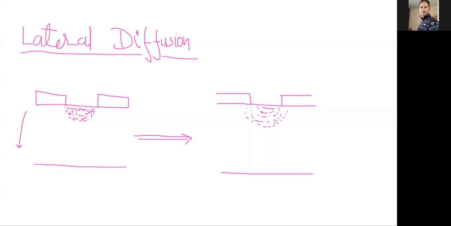So they will not only diffuse in this direction, but they will be diffusing horizontally also. This type of diffusion is called lateral diffusion. So if we had applied our dopants like this, this was our mask, the dopant mask.